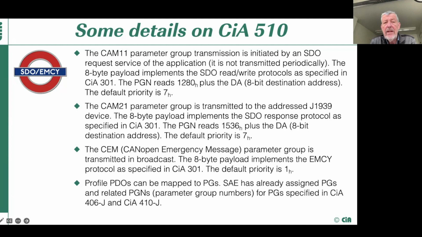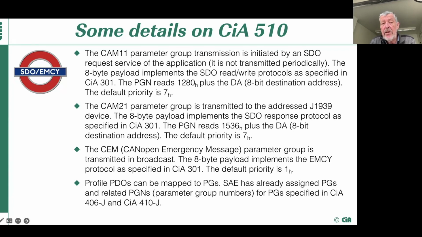So the CAM11 parameter group is initiated in one of the ECUs and tunnels, so to say, the SDO request service via the J1939 network. It is not transmitted periodically. It is just on event, driven by an event in the application. The 8-byte payload of this parameter group implements the SDO read and write protocols as specified in CiA 301.